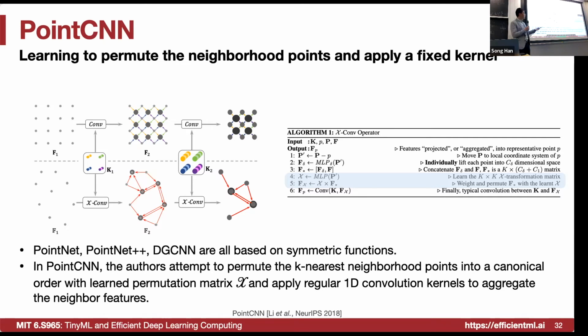Okay. So initially, the relative locations for different points may not be the same, but after applying this transformation matrix, it tries to permute or project them into a canonical order so that we can apply the same set of kernels in different locations.